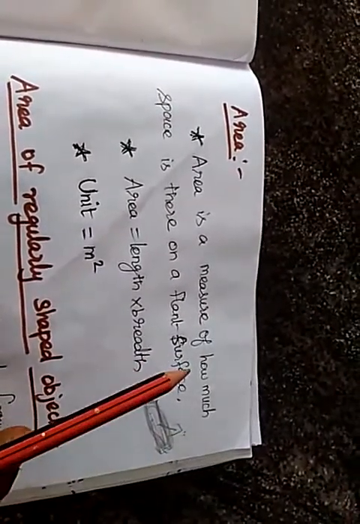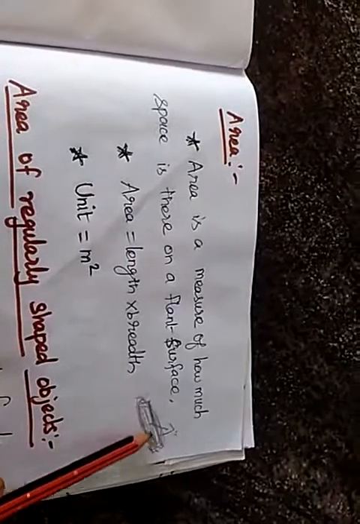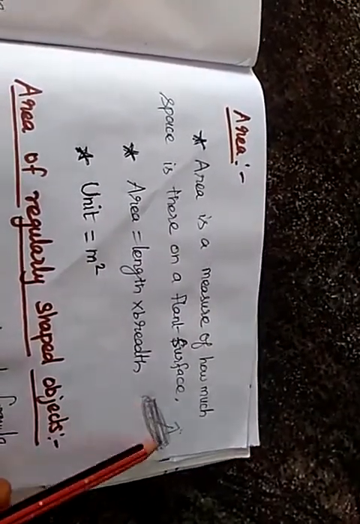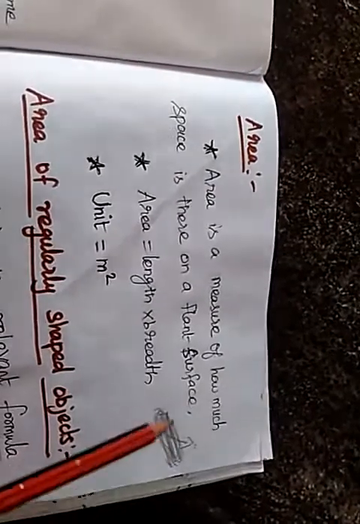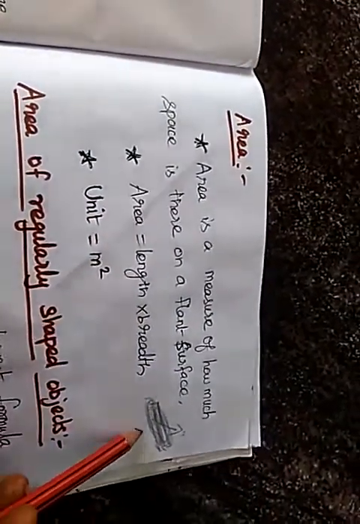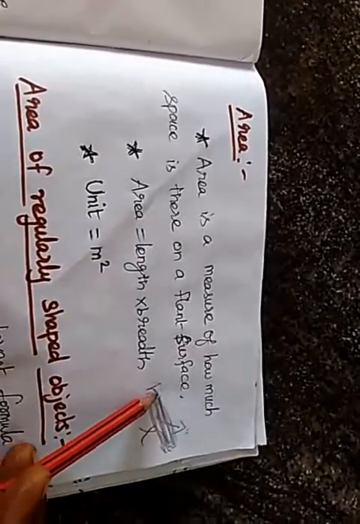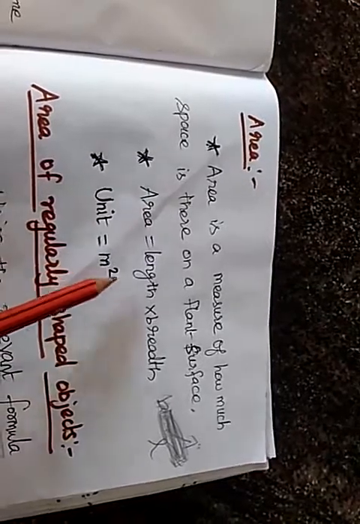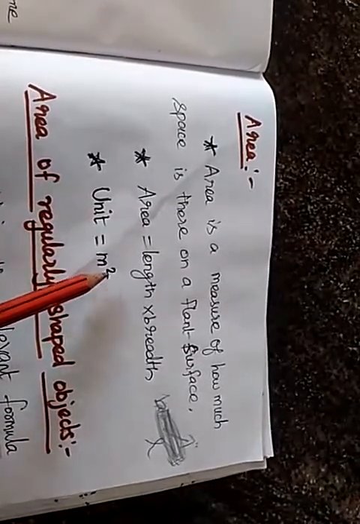Area is the measure of how much space is there on a flat surface. Then the area is equal to length into breadth. The unit of area is meter square, read as square meter.